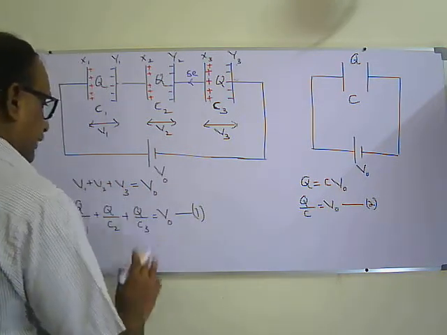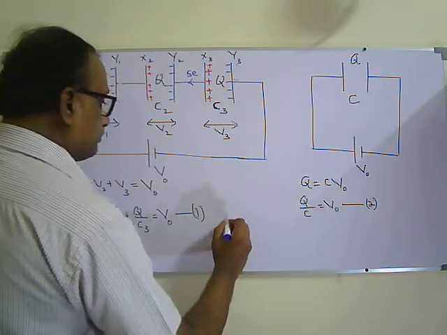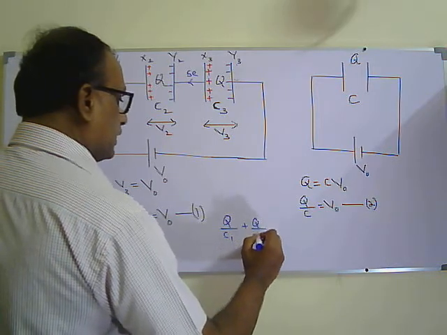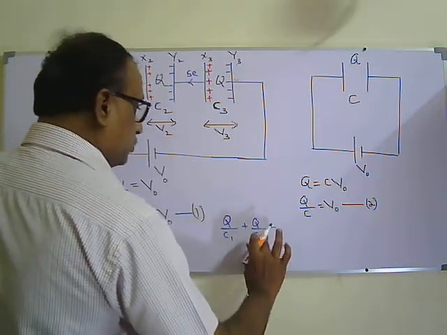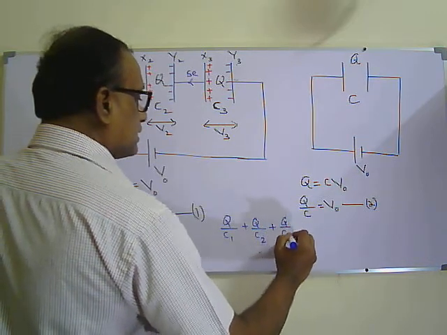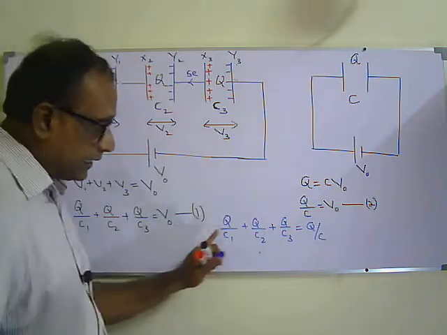When I equate the left side quantities of these two equations, I get Q over C1 plus Q over C2 plus Q over C3 is equal to Q over C. All the Q can be cancelled.